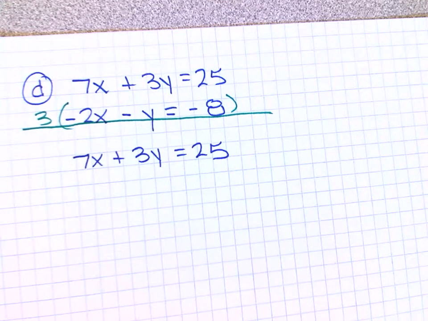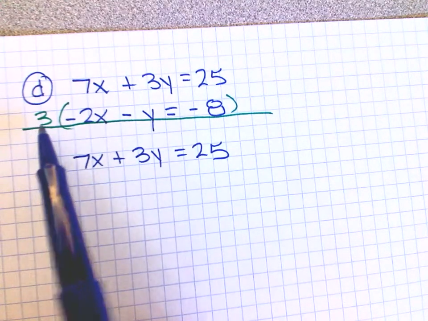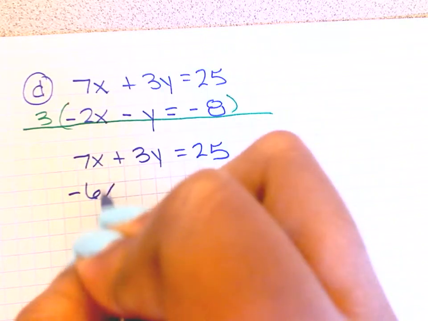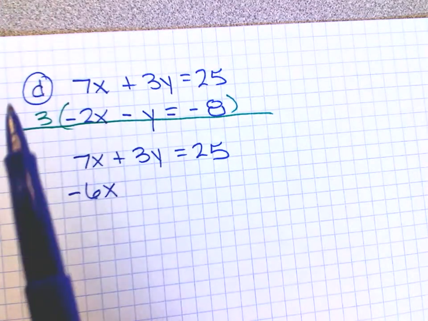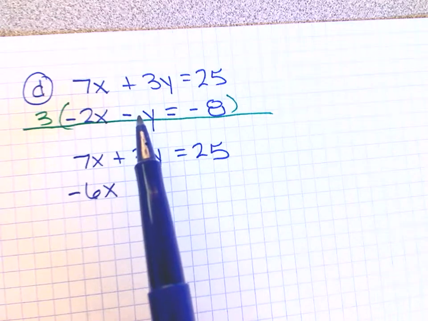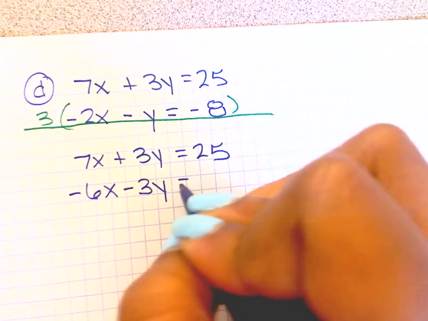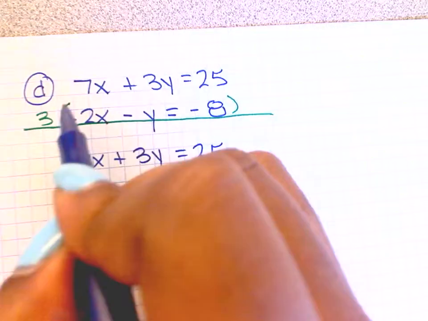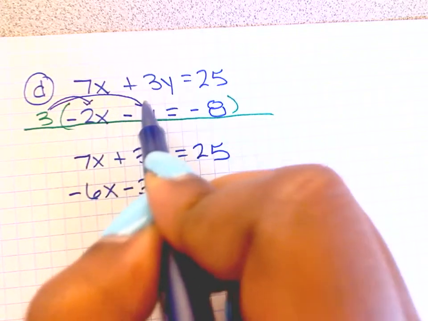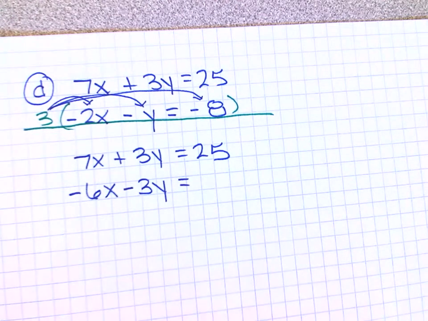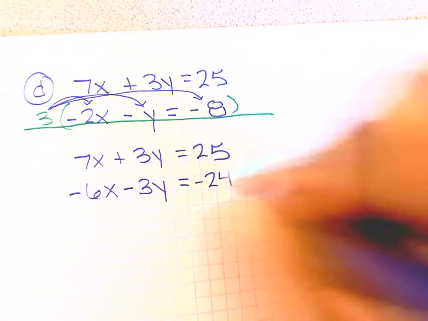So let's look at the second equation that we're going to change. 3 times negative 2x is negative 6x. 3 times negative y is negative 3y. Distributing as I go, 3 times negative 8 is negative 24. Boom.